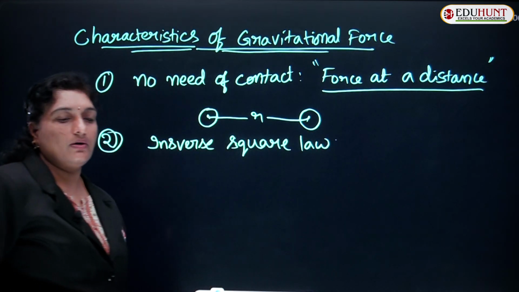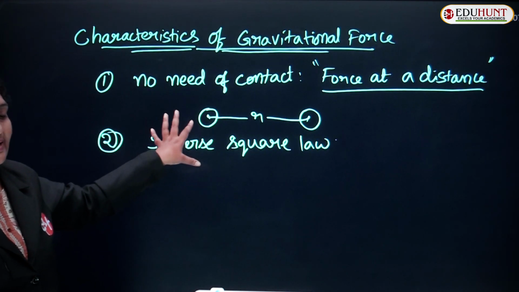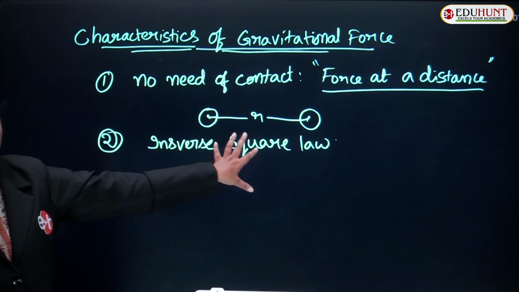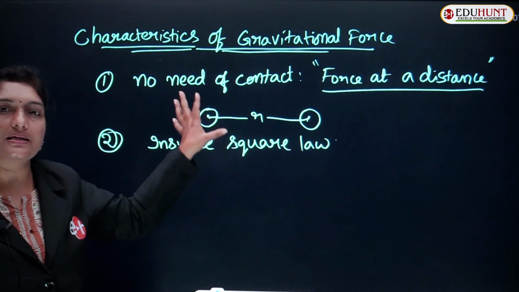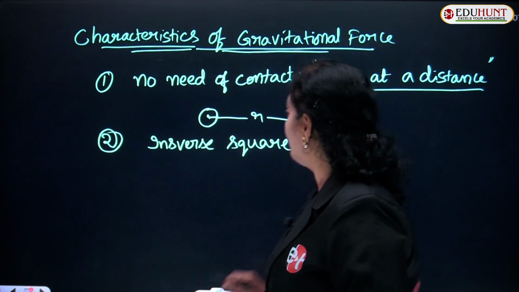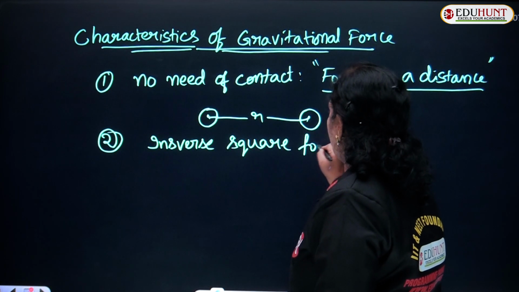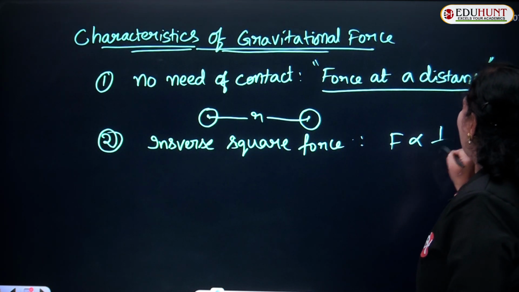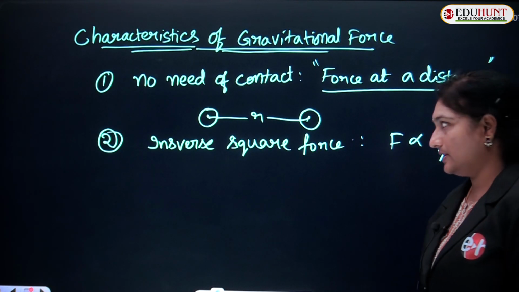So, what is the law, children? The gravitational force between two bodies varies inversely as the square of the distance between them. So what is this called? An inverse square force, because it is inversely proportional to the square of the distance between them.